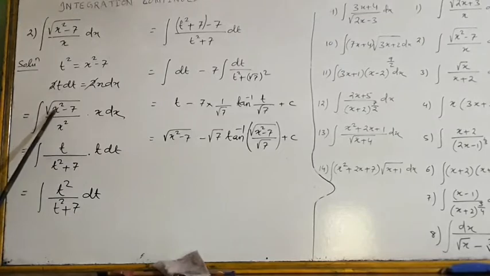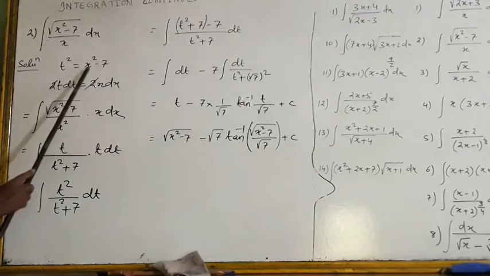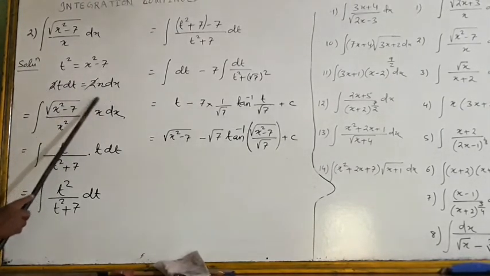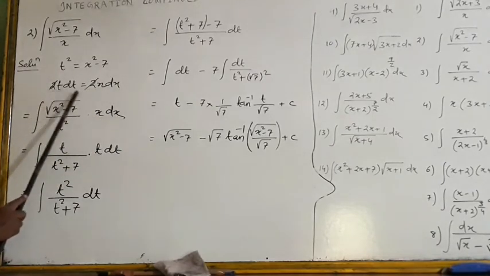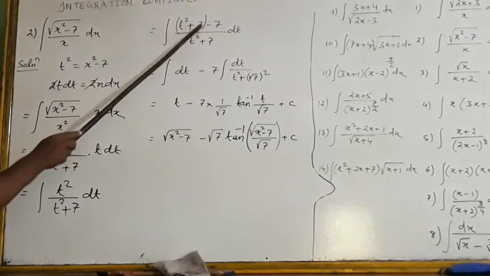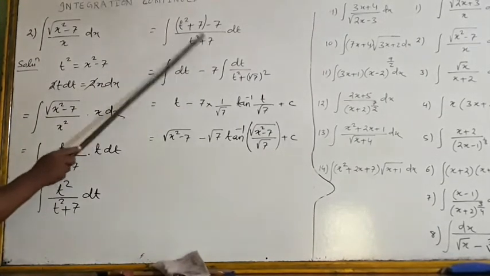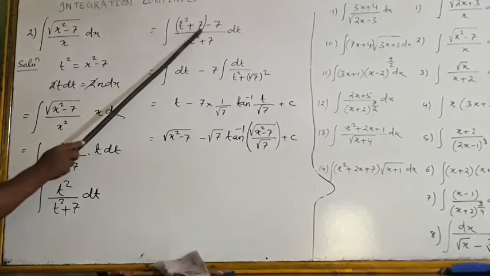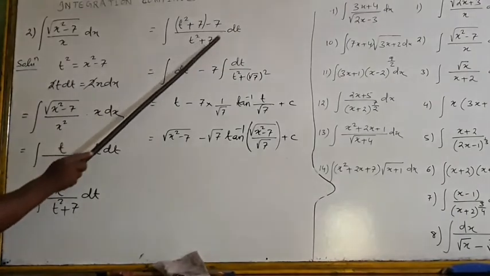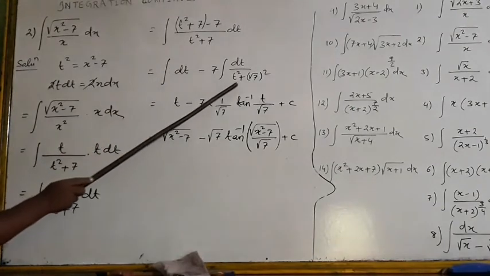So in place of root of x square minus 7, I am writing t, and in place of x square, I am writing t square plus 7, and in place of x dx, I am writing t dt. Then it becomes t square by t square plus 7. Then what we have to do? t square plus 7 minus 7 by t square plus 7. Then separate them, t square plus 7 by t square plus 7, that is dt, minus 7 dt by t square plus 7.